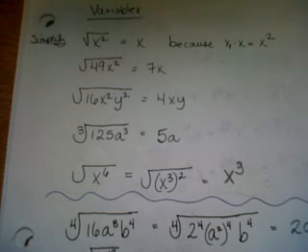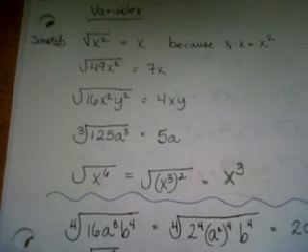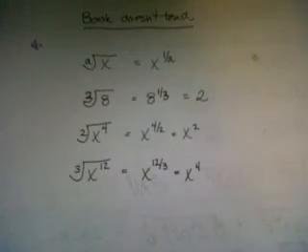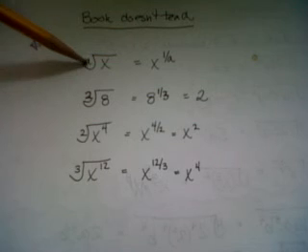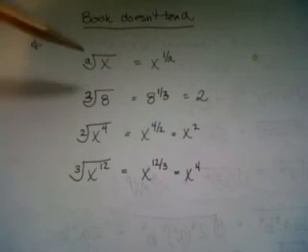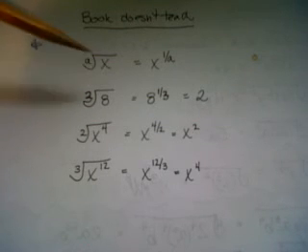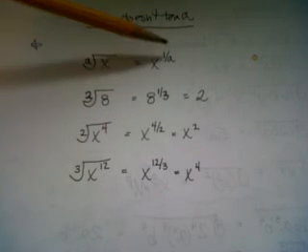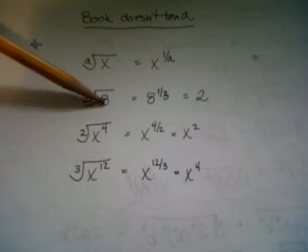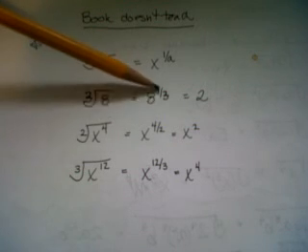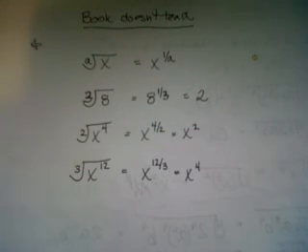Now there's a nice little trick that we can do, and the little trick says this. If I have an a value here for my index, and I take the a-th root of x, that's the same thing as saying x to the 1 over a power. So the cube root of 8 is the same as saying 8 to the 1/3 power, which would be 2.